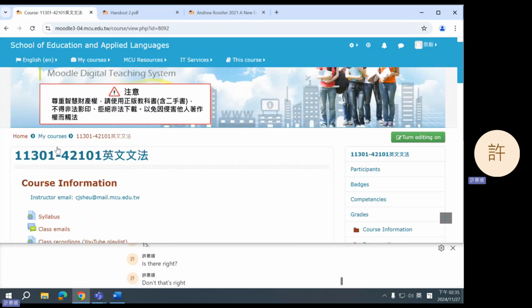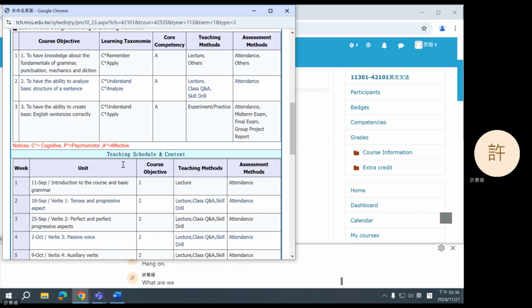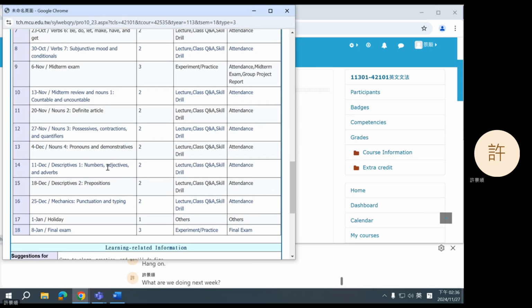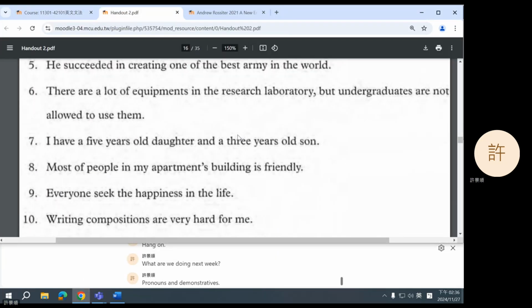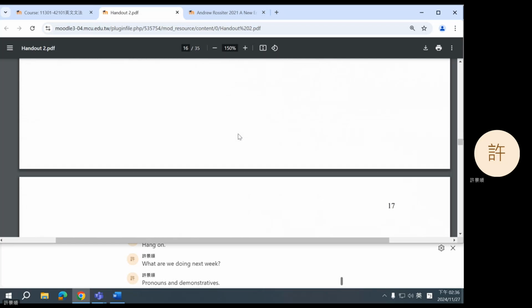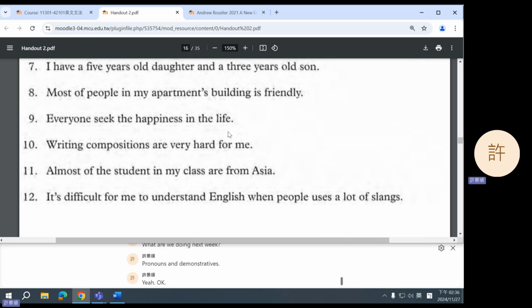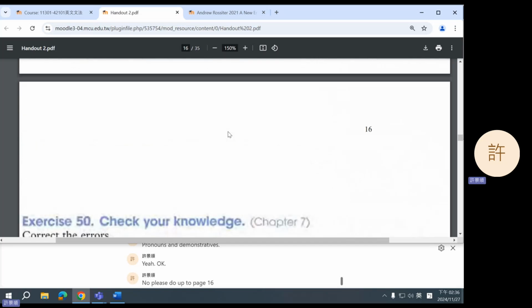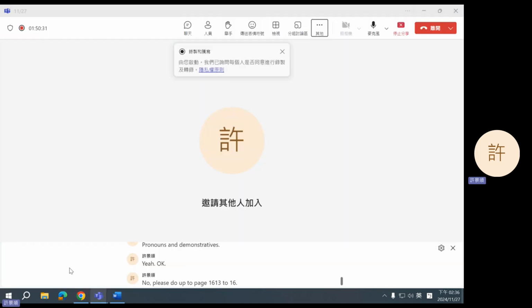I want to give you more homework. Hang on. What are we doing next week? Pronouns and demonstratives. Hmm. Yeah, okay. No, please do up to page 16. 13 to 16. Okay, see you next week.